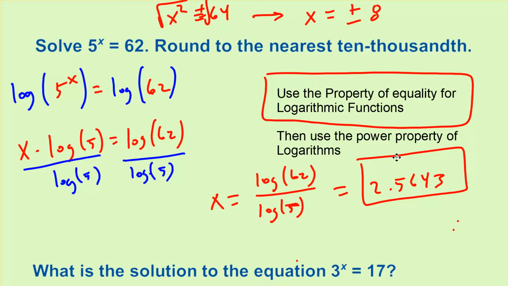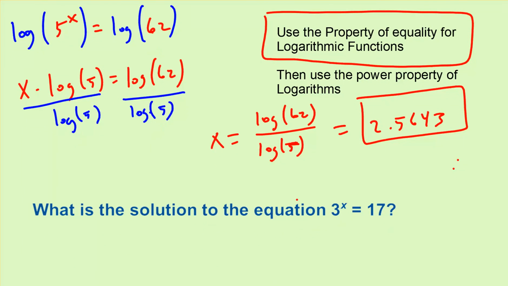Alright, let's look at this next example. What do we have here? Okay, so the solution to the equation 3 to the x equals 17. Well, we can do our little log thing here. So we've got 3 to the x equals 17, and I will just apply the common log to each side.